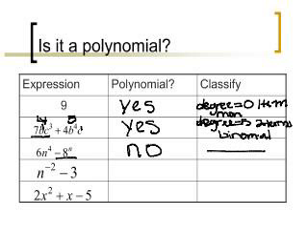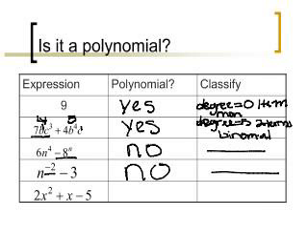Our next one, we have n to the negative 2. So our exponents can only be whole numbers, so we can't have a negative exponent, because remember, you would simplify that by making it 1 over n squared, and we cannot divide by variables, so that one is not a polynomial either, so we don't classify it.